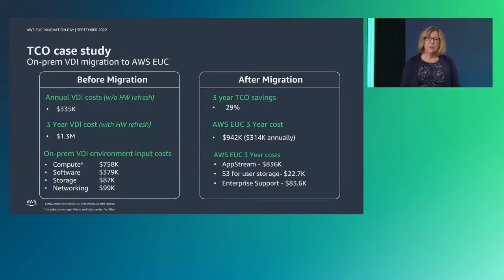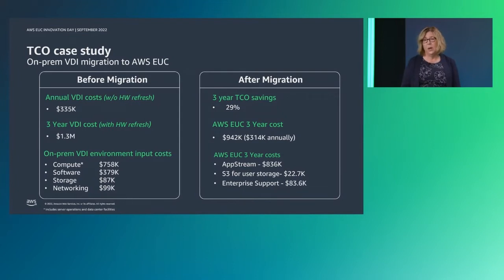And then moving to the right side of the slide, the total 3-year cost to run the equivalent of the on-prem VDI solution is much less at just $942,000 or $314,000 annually. And this figure is based on migrating to Amazon's AppStream 2.0 service and delivering non-persistent desktops.